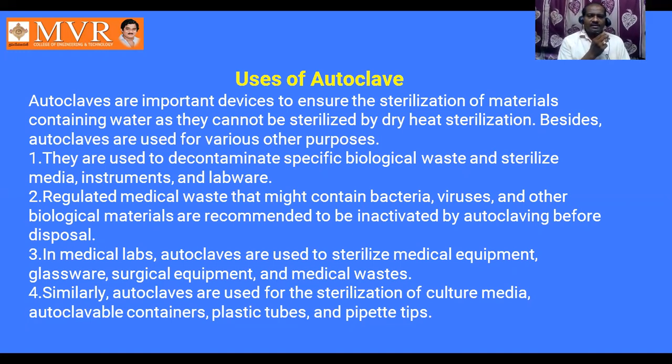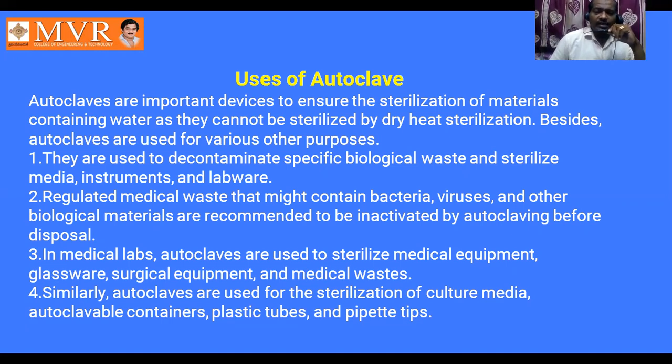In olden days, needles were reused, where needles were sterilized in hot water for a certain temperature and for a certain period. Like that, in certain industries we have to use sterilized equipment for testing, and reused equipment should be sterilized, otherwise we may not get accurate and good results.